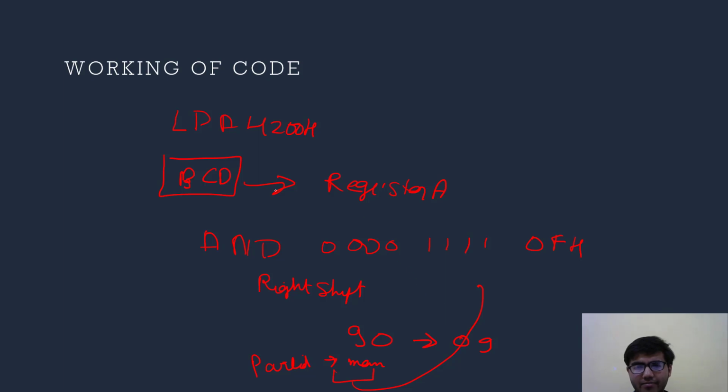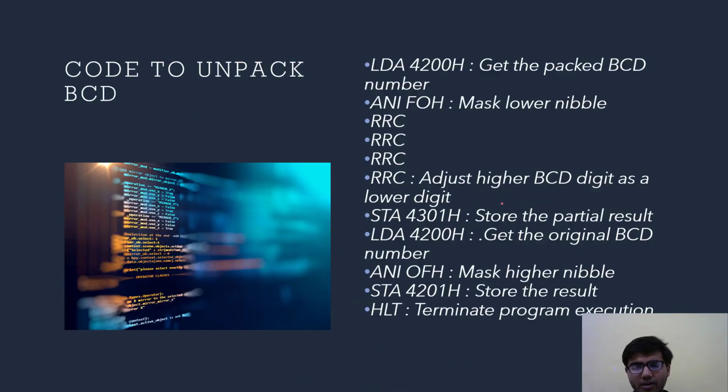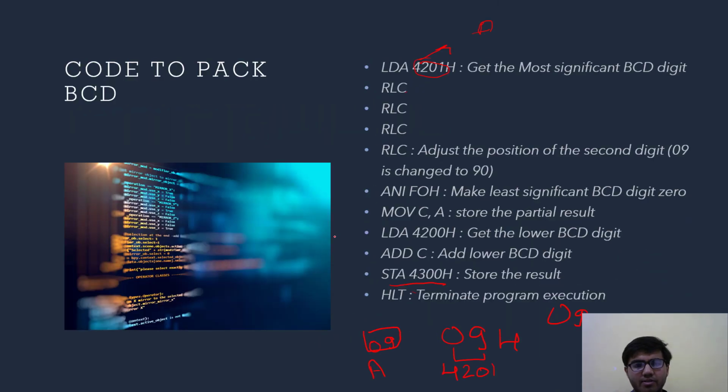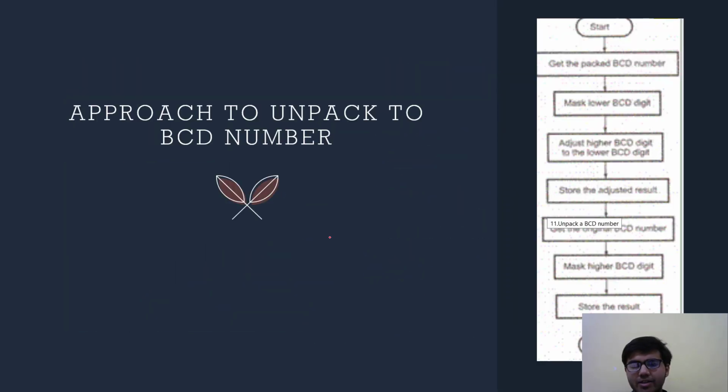I would load my BCD number again into register A. Then I would mask the higher bits, not the lower bits, and store my lower digit in some other memory location. So what this unpack code is doing is just the opposite of the packing code. Unpacking code is storing the higher BCD number in one memory location and the lower BCD number in another location.